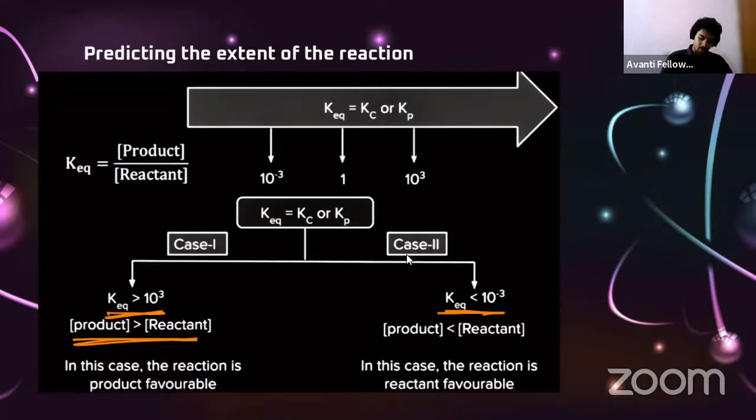If you want to keep the concentration of product more, that means forward reaction is happening more. In this case, the reaction is product favorable. Now, if K equilibrium is less than 10 power minus 3, that means reactant concentration is very high. The backward reaction is more favorable, or reactant is more favorable rather than product.